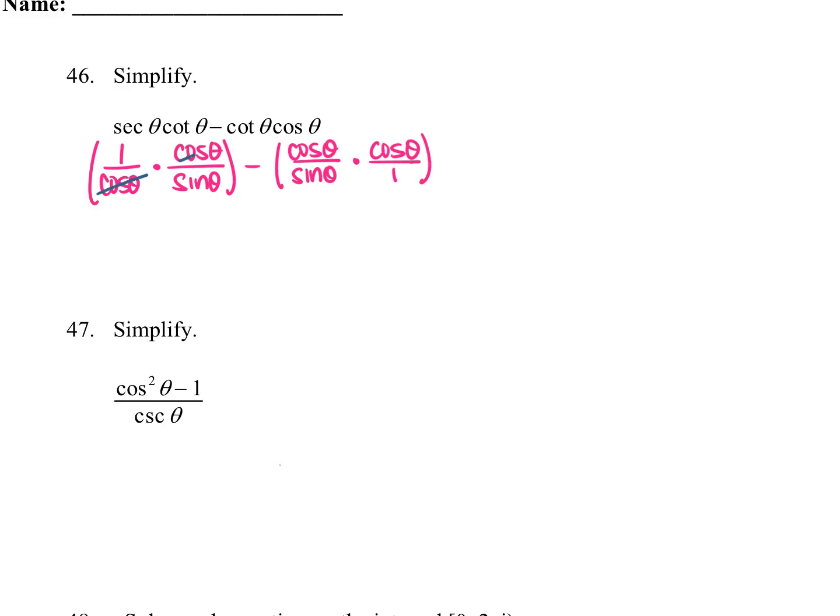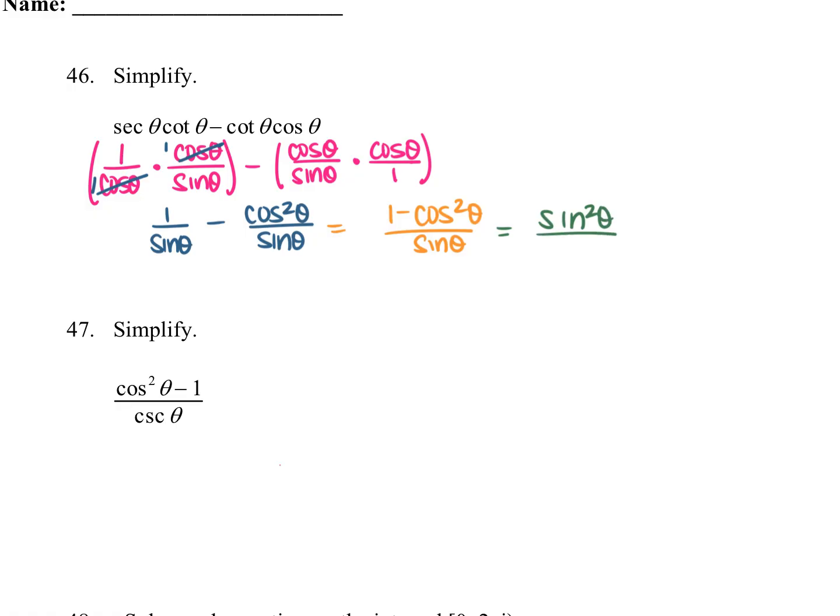So our cosine thetas cancel out to be 1s to give us 1 over sine theta minus cosine squared theta over sine theta. This then simplifies to give us 1 minus cosine squared theta over sine theta, which is the same exact thing as sine squared theta over sine theta. One of those squared is going to cancel out with the bottom sine, so that just gives us sine theta as our answer.